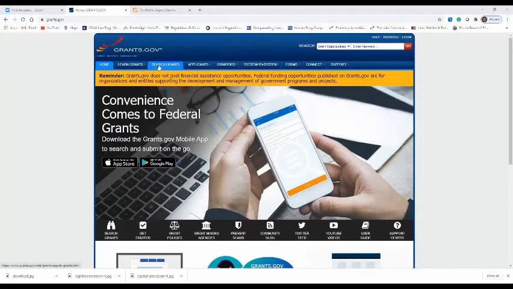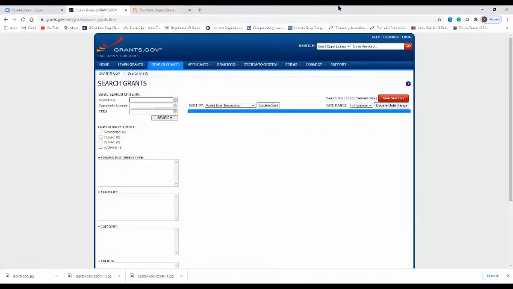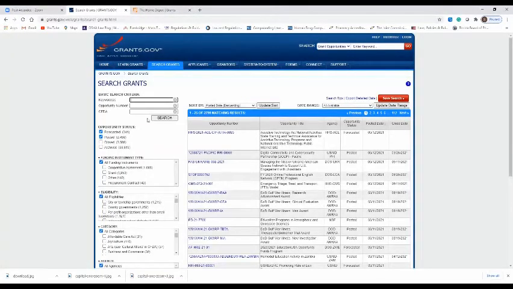So let's take a moment and look at some grant opportunities on grants.gov. I'm going to go here to search grants. As we are searching, remember we talked about different types of funding: cooperative agreement, grant, other, procurement, contract, right?